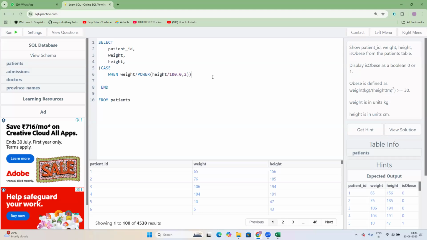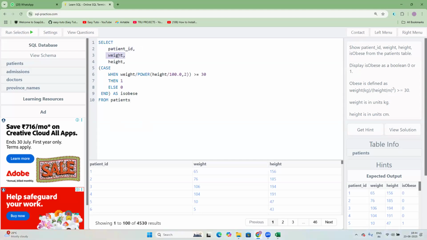If this formula is greater than or equal to 30, then 1, else 0. That's it. Now I'll end the bracket and give an alias as is obese.